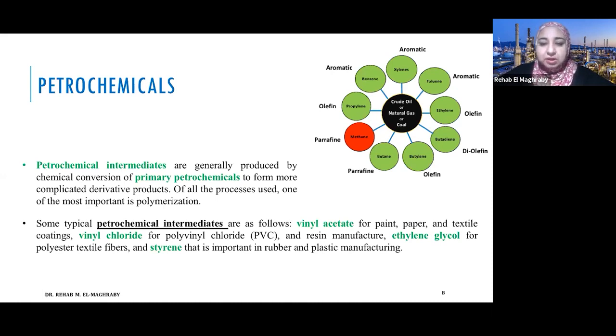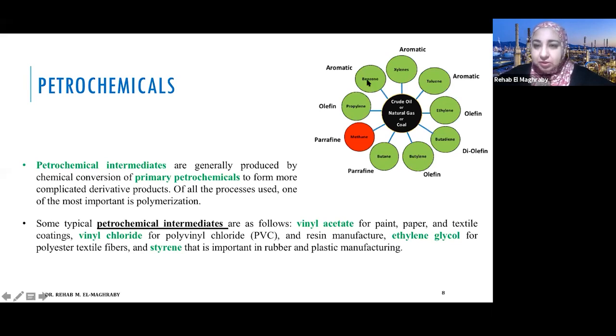Polyvinyl chloride is mainly used in waterproof materials or plastics. It's used in plumbing, the pipeline entering your house. It has many uses actually. Well, this is an example.